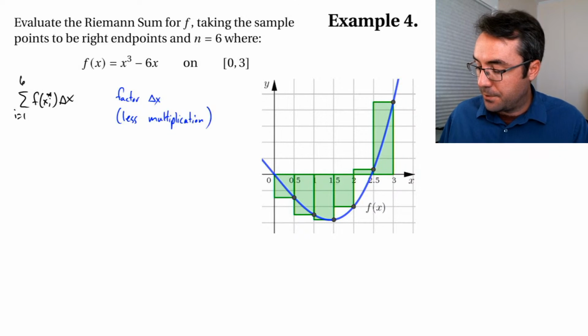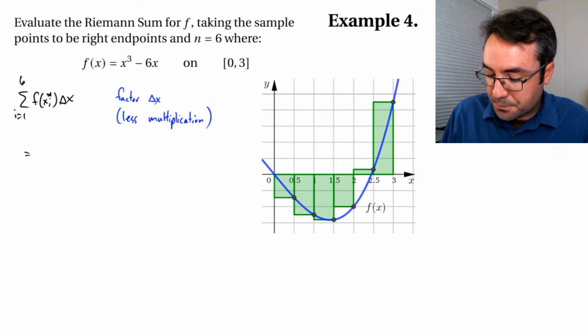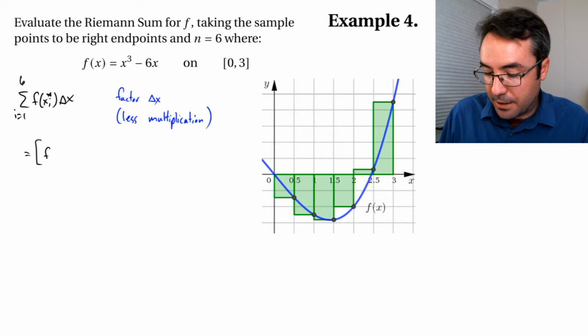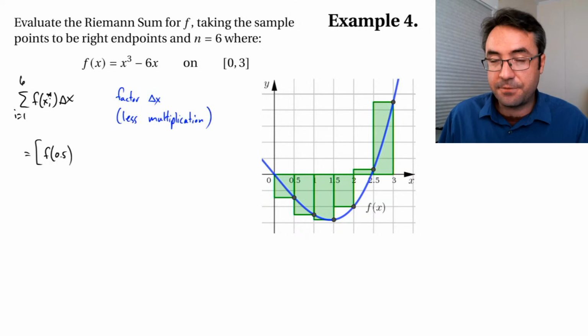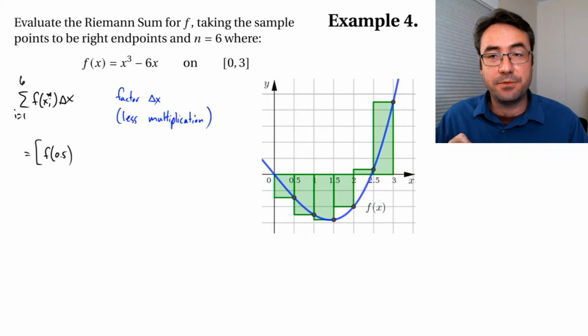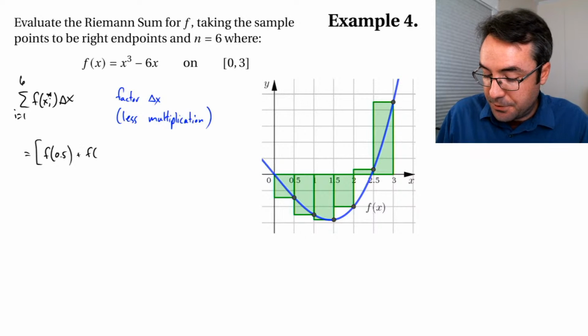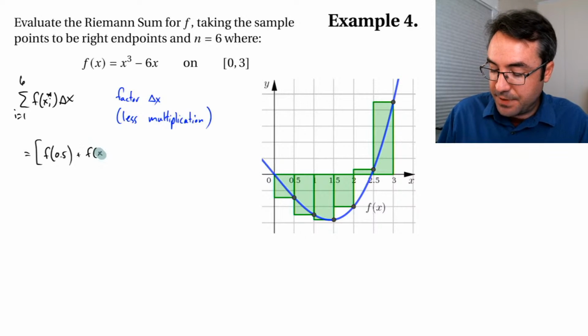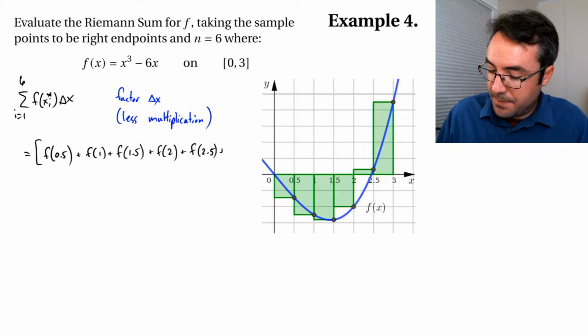So, if we were going to write this out, we would take our function and plug in our first x value that we found, which was 0.5. Then we take our second x value, plug that into our function. So 1. And then 1.5 was the third one we found. Then 2 was the fourth. 2.5 was our fifth one, and then 3 was our sixth one.